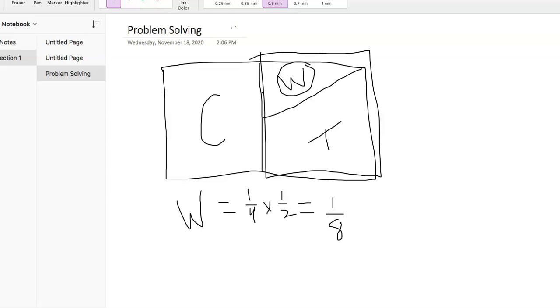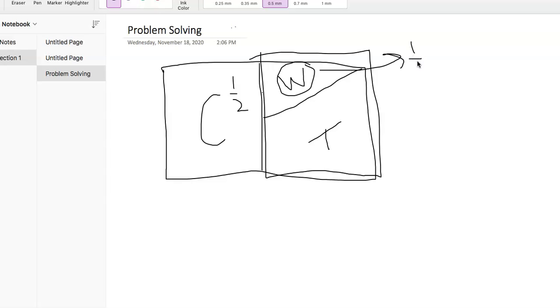Corn equals 1/2 of the field. Let's get rid of this again. We know corn was 1/2, and wheat, which we just found out, was 1/8. Tomatoes, which is what the question asks, we still don't know.